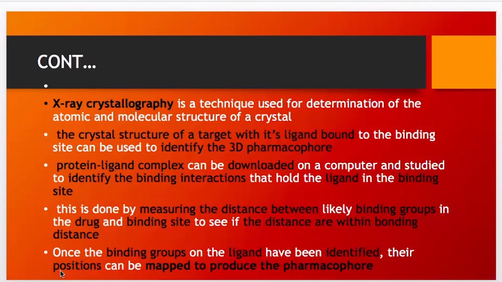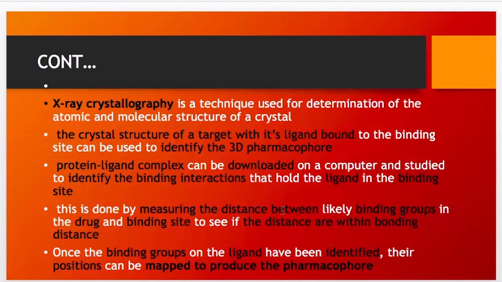So this technique helps you to determine the atomic and the molecular structure of the crystal. So you have crystallized your ligand or your compound. You've also crystallized your target molecule, like your protein.